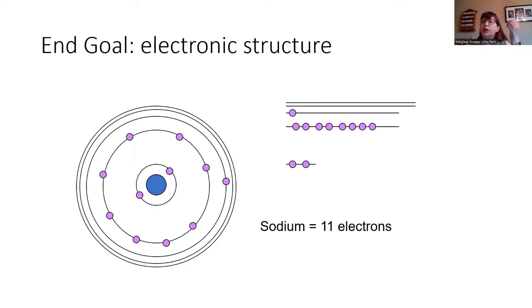Okay, this is what gives the columns similar properties. So everything in column 1 has 1 valence electron, and that causes it to form a +1 ion. That is what causes it to behave in a metallic fashion. That is what causes it to be soft. All of those properties that we associate with that first group are tied to the fact that it has just 1 valence electron.